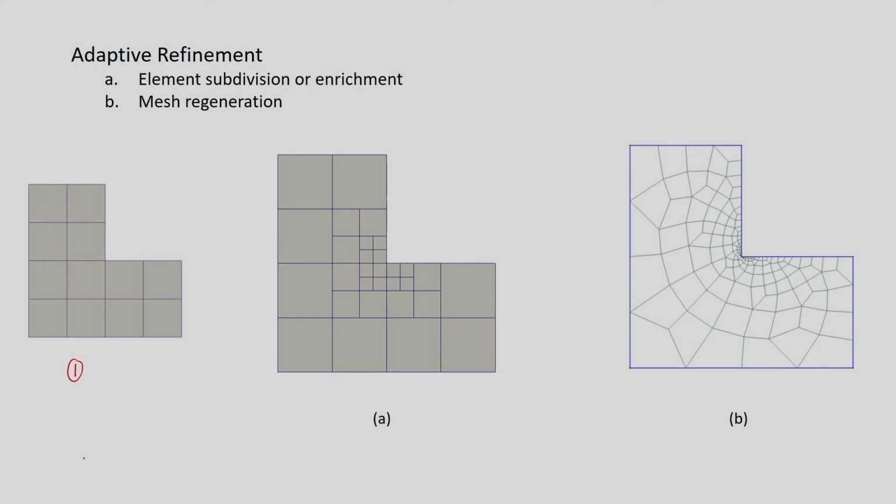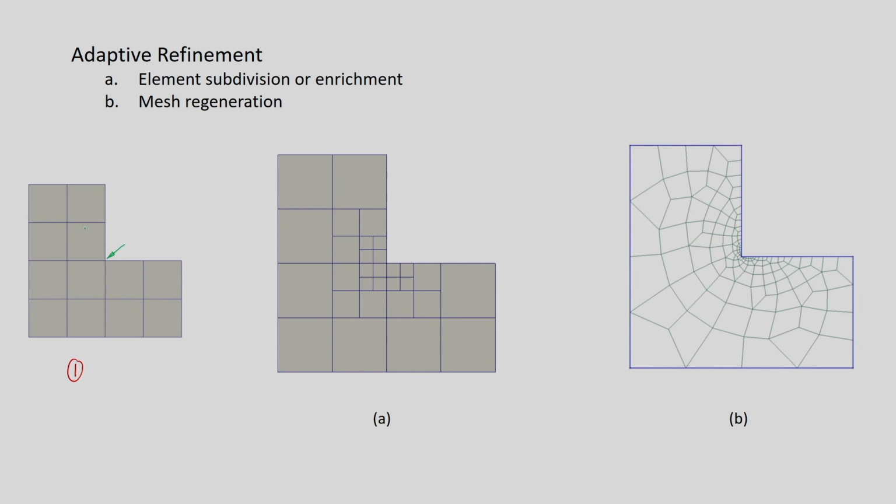Here, once we identify the elements to be refined, suppose for this particular mesh, since I have a reentrant corner, we know there will be stress concentration. So, obviously the error will be more near the corner. Suppose once we solve the problem once and we identify that these 3 elements which are adjacent to the corner contribute to the error more, alright, through the algorithm we just discussed.